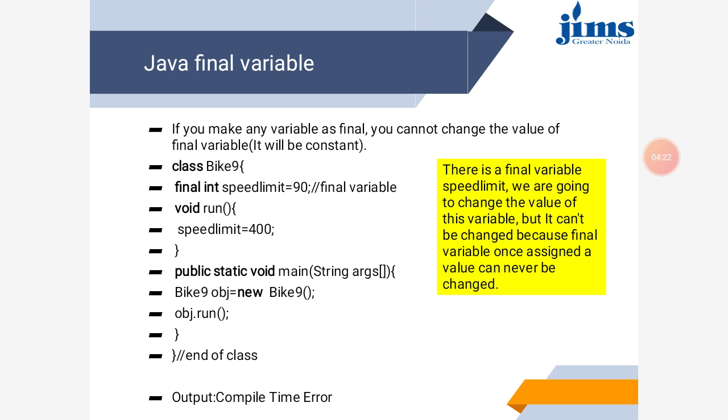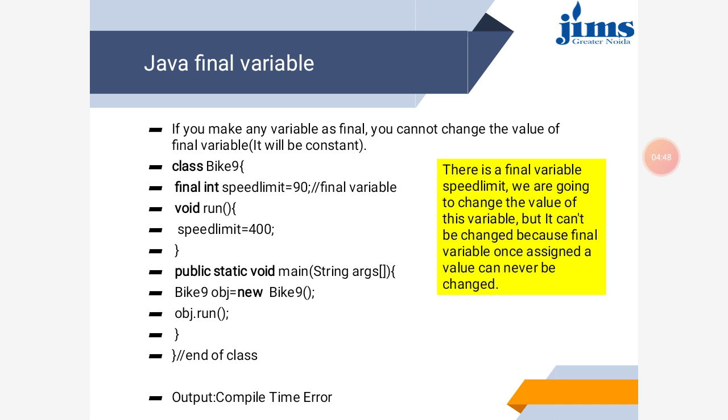Once we mention the final keyword here, you are restricting anyone from changing this instance variable value. Now it is fixed. There is one method in this class, the run method, with void return type.